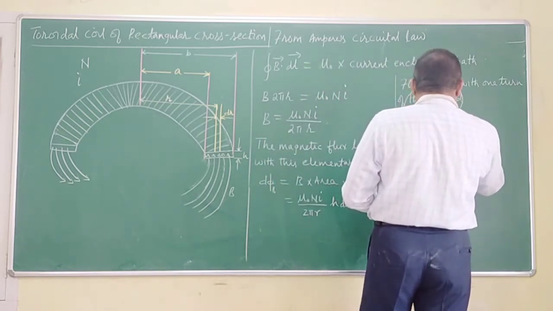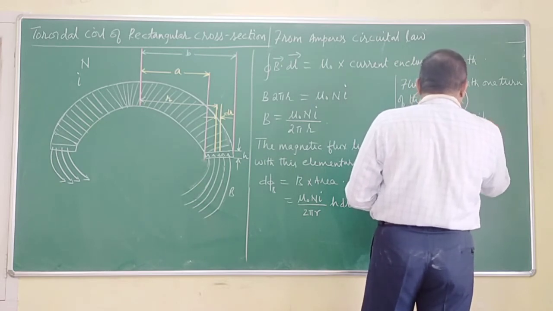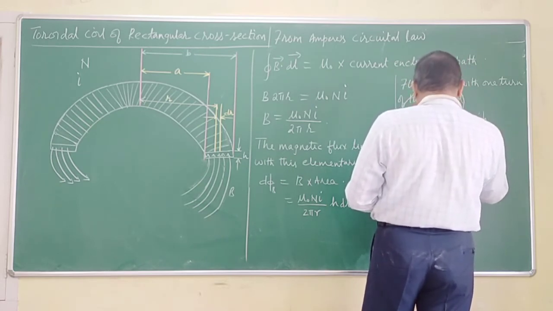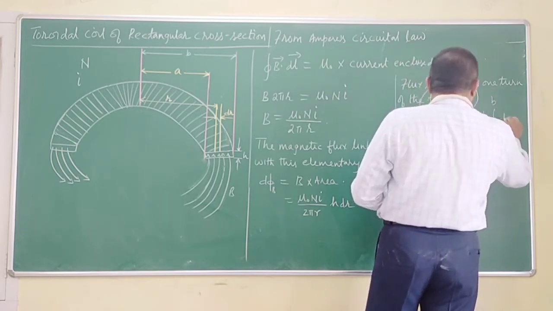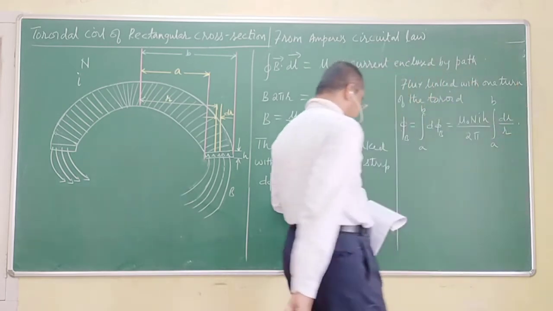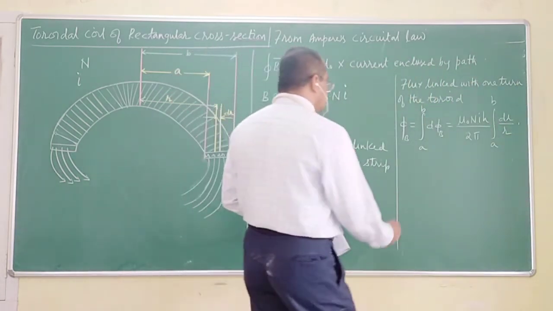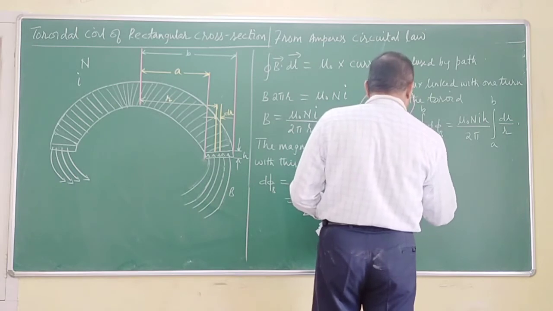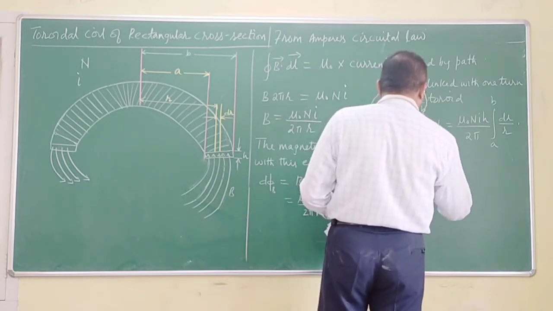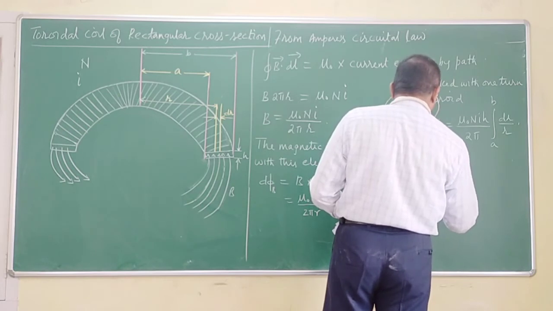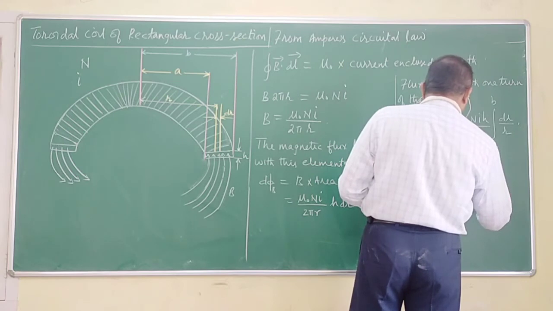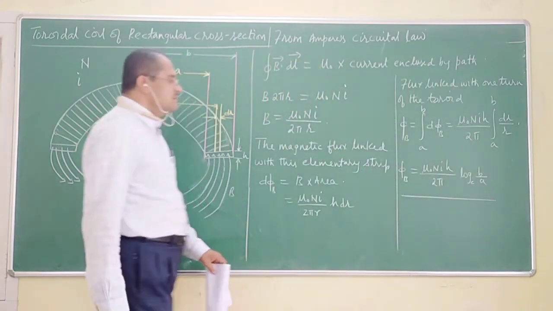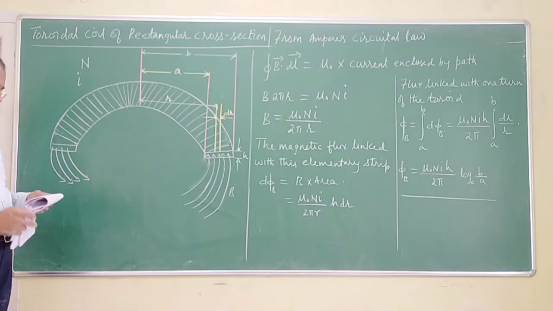This will be mu naught NI h upon 2 pi, integral a to b dr by r. Therefore, I get phi B is mu naught NI h upon 2 pi log to the base e b by a. I have substituted the limit as well. I am getting this as my flux through one turn.